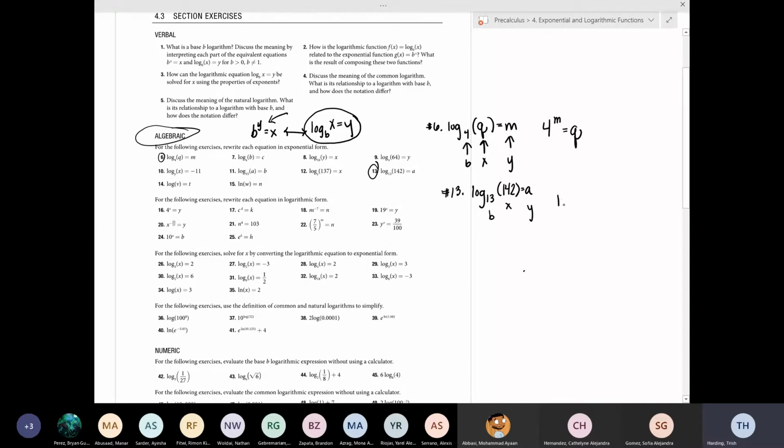So now we have 13 to the a equals 142. And this is one you might be able to solve. I don't know if it's solvable, and I don't even think it asks for it. But you would essentially just keep multiplying 13 and see how close you can get to 142.